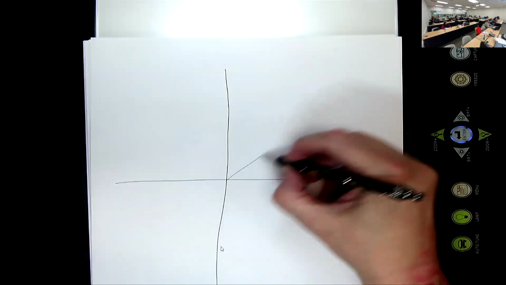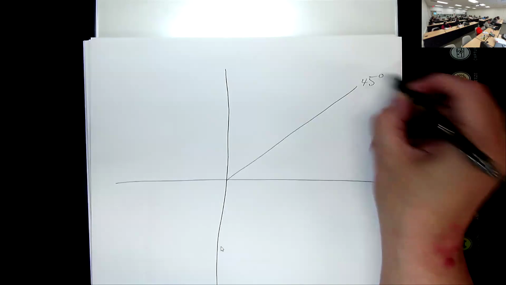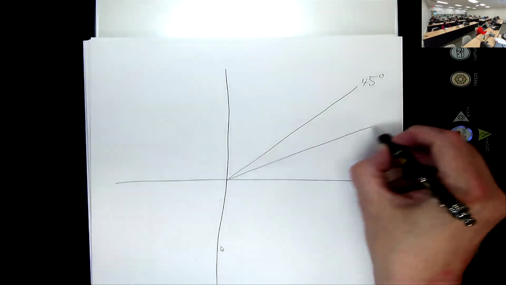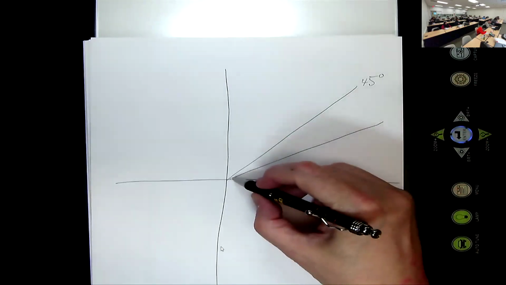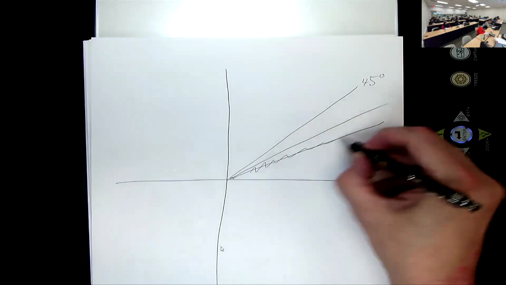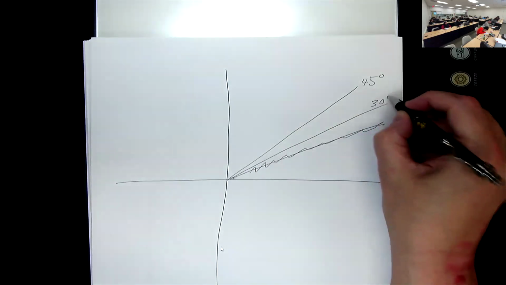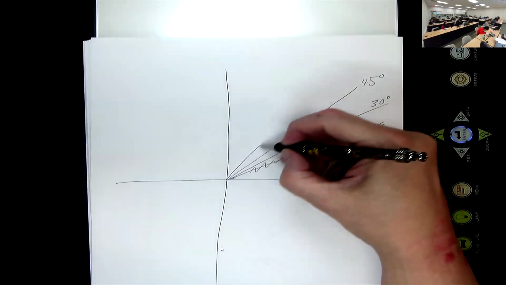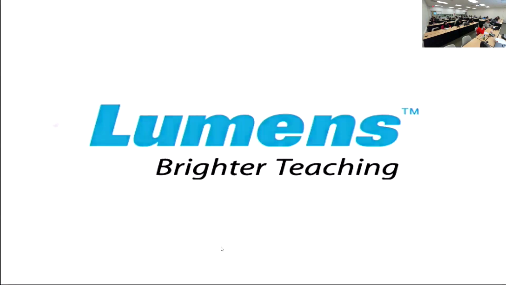Let's see, that would be the 45-degree mark. I guess 30 is a little bit closer there, so get rid of that. That's about 30 degrees, and 60 degrees is right about there. Maybe a little.